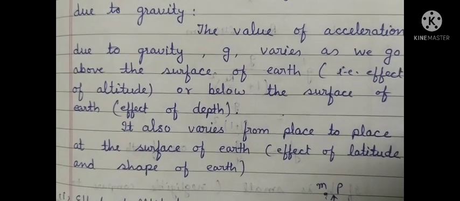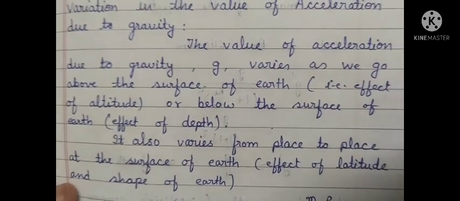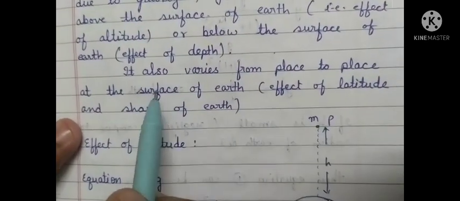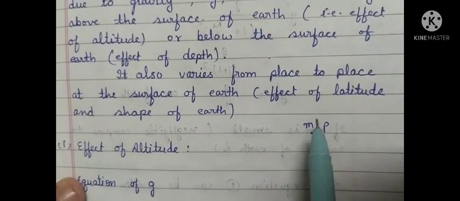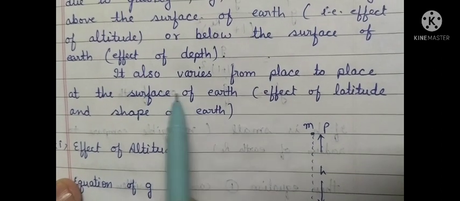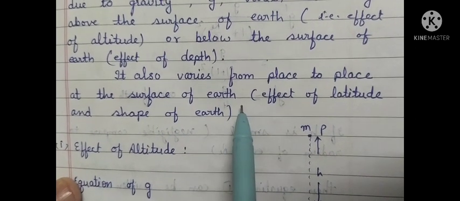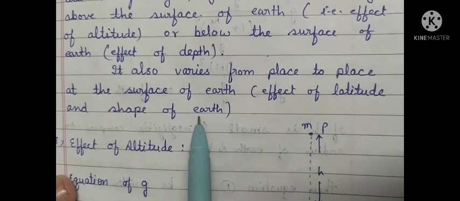In both the cases, as we move above the surface of the earth or we move inside the surface of the earth, in both the cases acceleration due to gravity decreases. It also varies from place to place at the surface of earth, that is called effect of latitude and shape of earth.